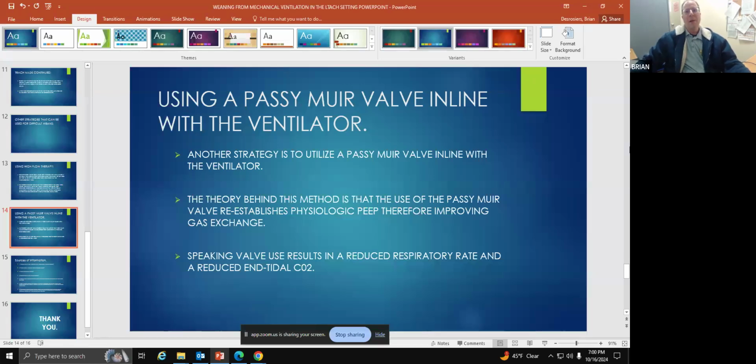And I think part of it is probably a bit of a fear, because of course, the patient's on the vent, so the cuff is always up. So you have to remember that, I think the fear is that they're afraid they're going to leave the cuff up when they put the PMV in line.